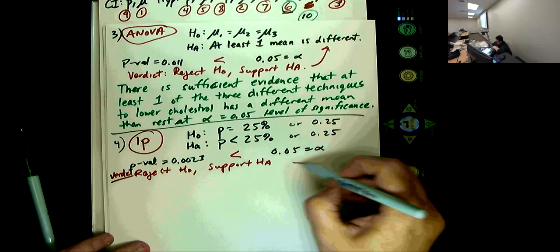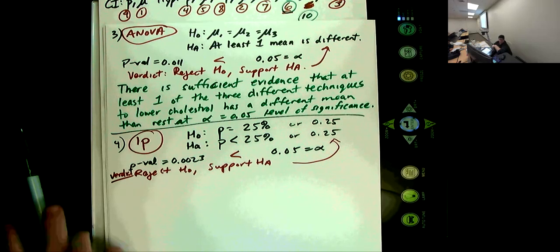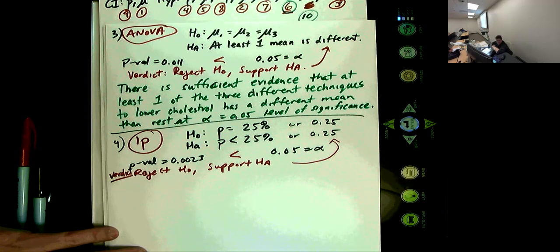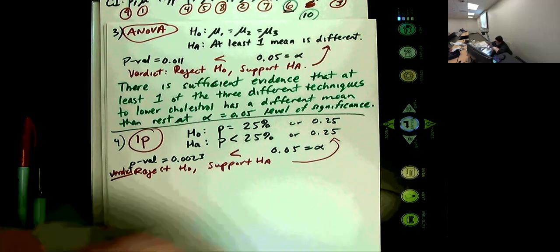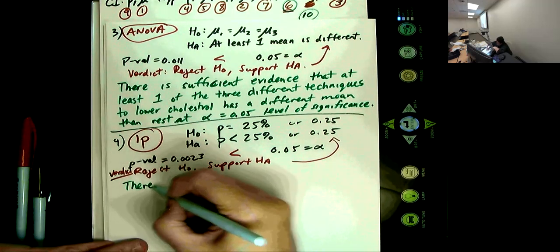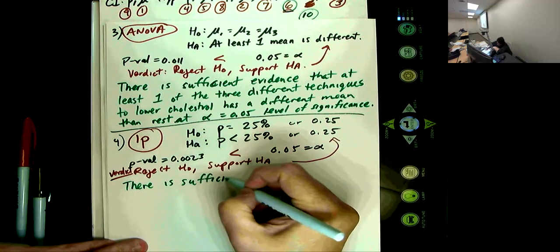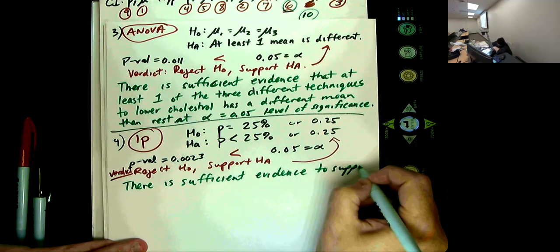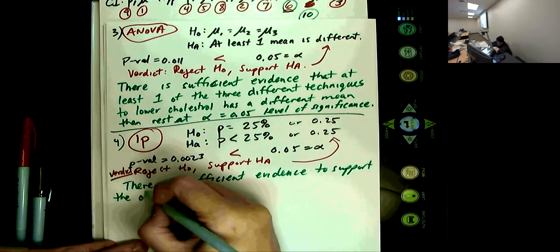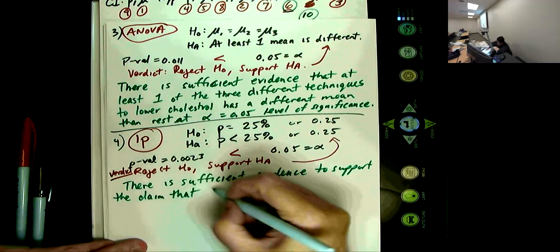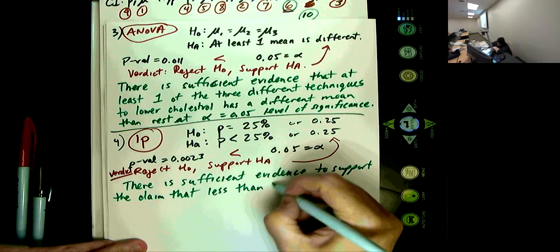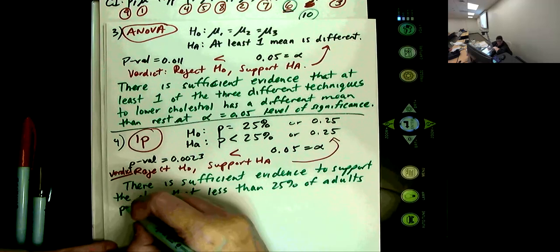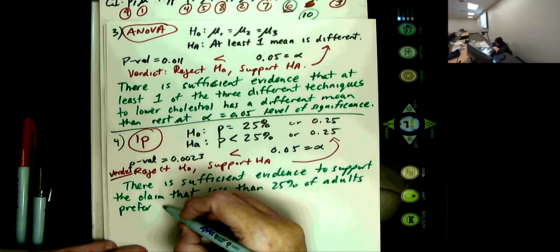Support HA is that the proportion is less than 25%. And it says less than 25% of adults prefer mint chocolate chip ice cream. That's what I'm going to put. There is sufficient evidence to support the claim that less than 25% of adults prefer mint chocolate chip ice cream.